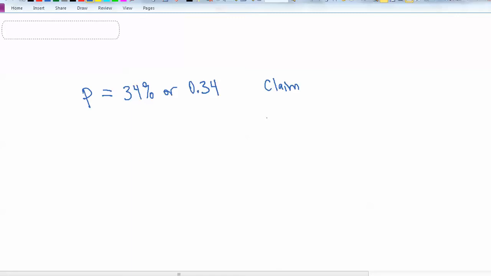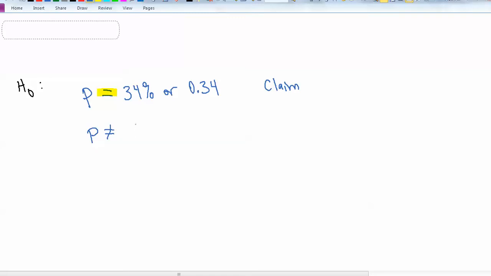Well, the alternative is always the place where it differs. The null is always where the equality is contained, and in this case that is the claim, because that is where the equality is contained. So the null is this statement right here, symbolically stated. And when that is not true, the logical opposite of it is that the population proportion is not 34%.